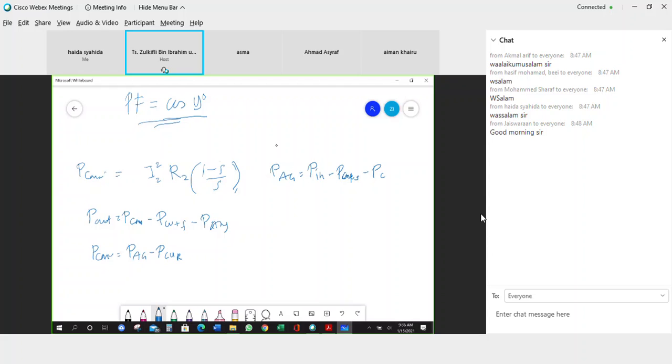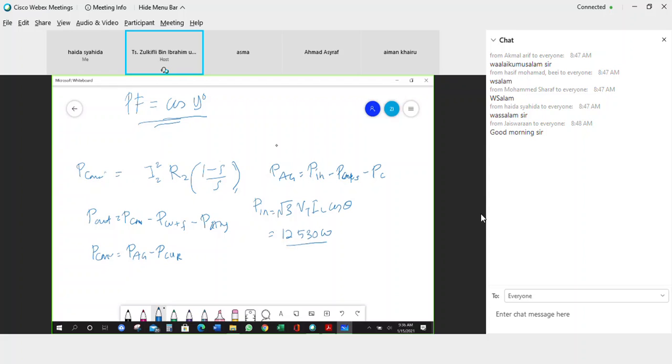So the power input in three-phase, cos theta. So here you will get, if you look into the solution, about 12,530 watt.